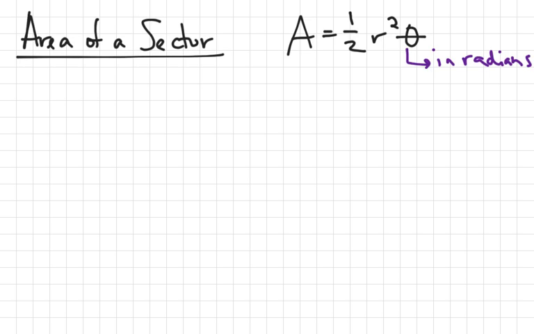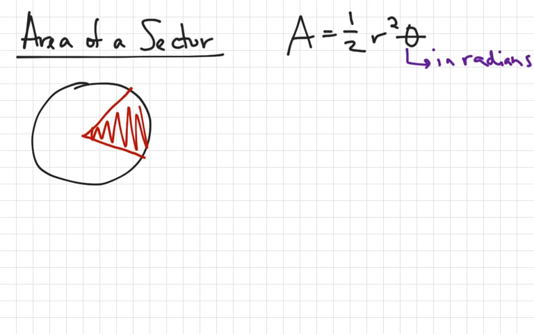So how did we do this the old-fashioned way? Well, you had a circle, and you had this sector here, maybe I'll just use radius 1 again because that's the easiest way to do it. And then this angle was 30 degrees. And when you wanted to find the area, you knew the area of a circle was pi r squared.